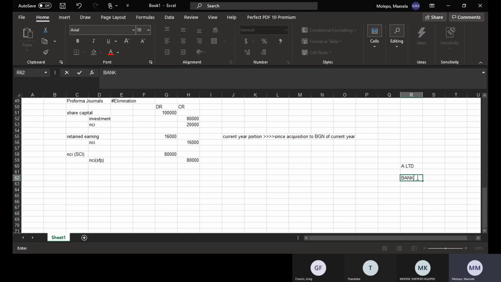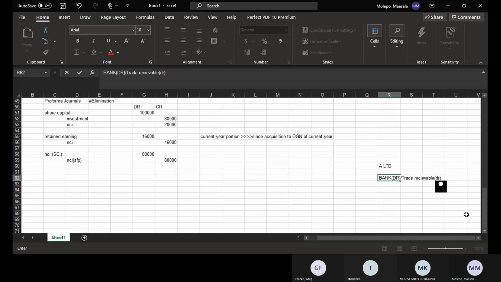It either can be bank on the debit, or it can be trade receivable, depending on the nature of how he sells his inventory. They both go on the debit side. Let's say in this case it's 100,000.